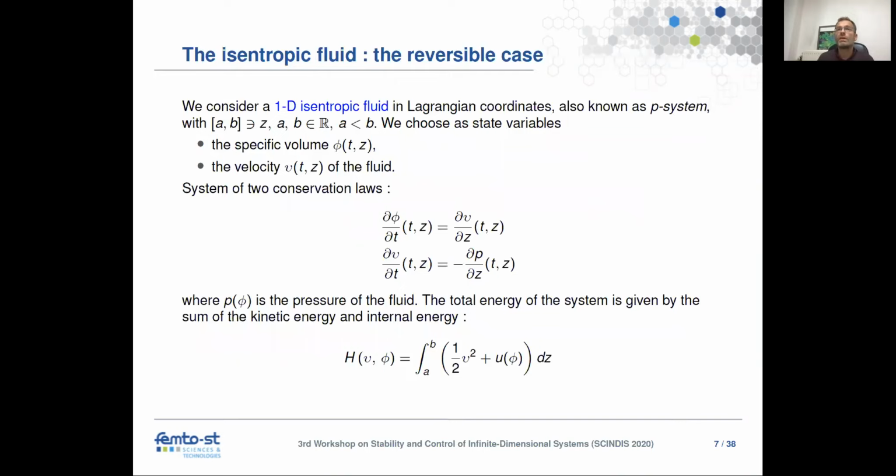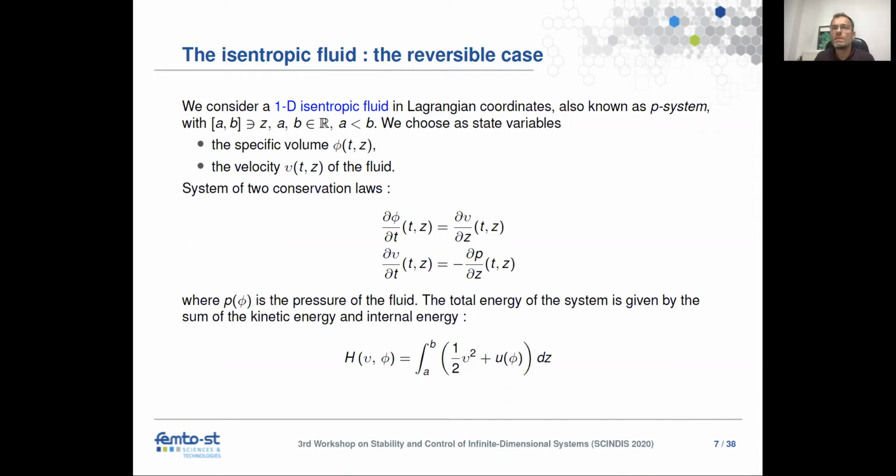So let's consider an example in order to see how this formalism is able to cope with, I would say, the thermal domain. So I consider here the 1D isentropic fluid in Lagrangian coordinates, such that my modeling follows the quantity of matter. And in order to represent the driving equations of this system, I choose as state variables the energy variables, meaning the specific volume of this quantity of matter and the velocity of this quantity of fluid.